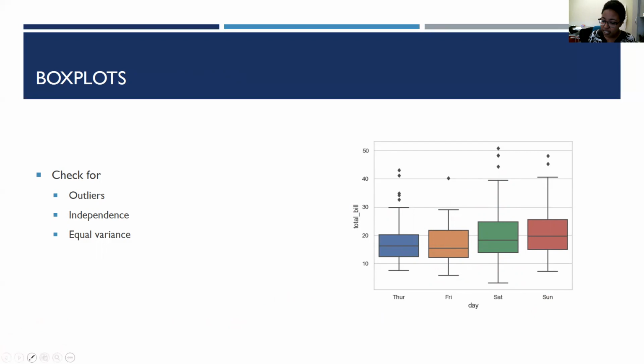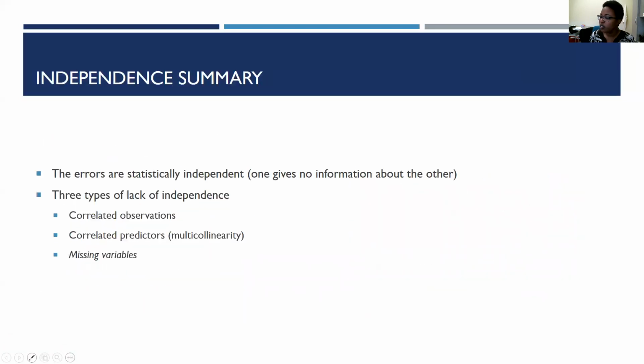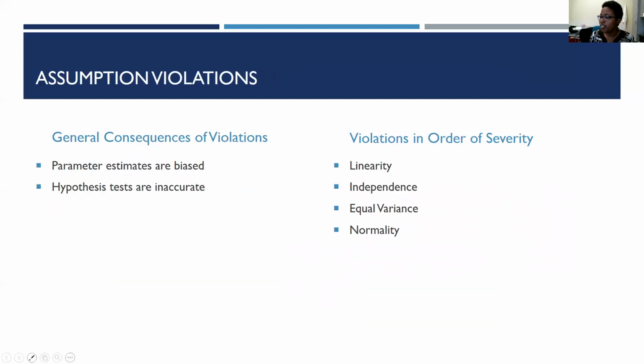So how much are all these things a problem? The issue with assumptions is that in general, they can create bias and make your hypothesis test inaccurate. But there's not going to be any very strict cutoff point for when something is violating an assumption. It's a lot of judgment calls, and it's a lot of balancing what kind of data do you have, right?